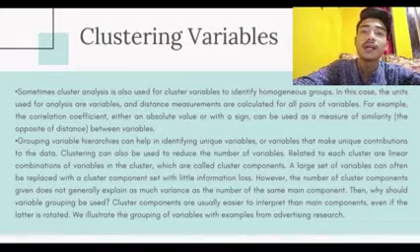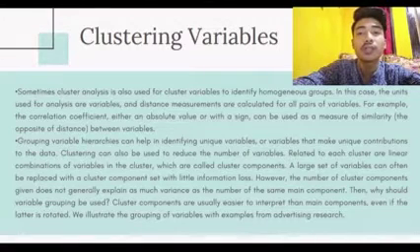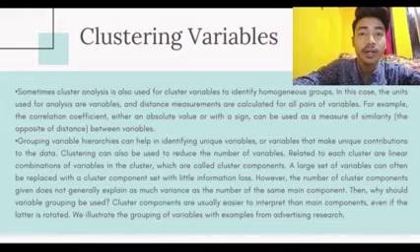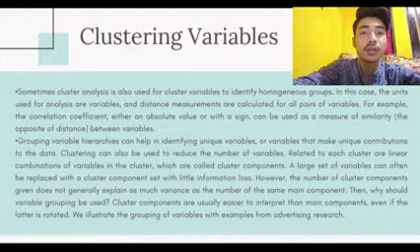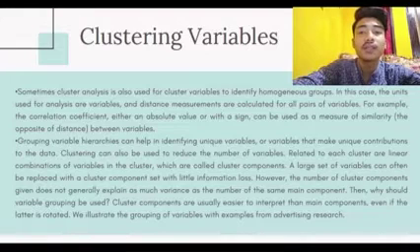Clustering variables hierarchically can help in identifying unique variables or variables that make unique contributions to the data. Clustering can also be used to reduce the number of variables. Associated with each cluster are linear combinations of the variables in the cluster, which are called cluster components. A large set of variables can often be replaced with the set of cluster components with little loss of information.